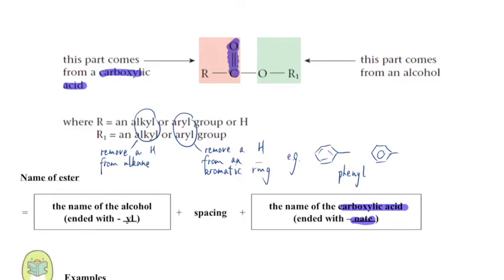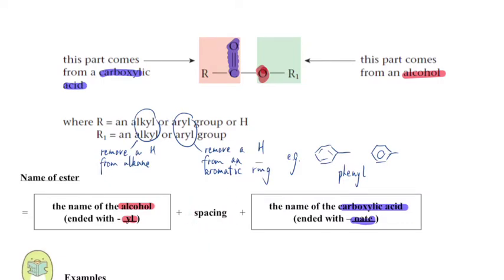And on the other side, we have this single bonded O in the molecule. This part comes from an alcohol. If we work out the original alcohol molecule, we will change the ending into YL. And then we just need to combine these two parts, and remember to leave a space in between.